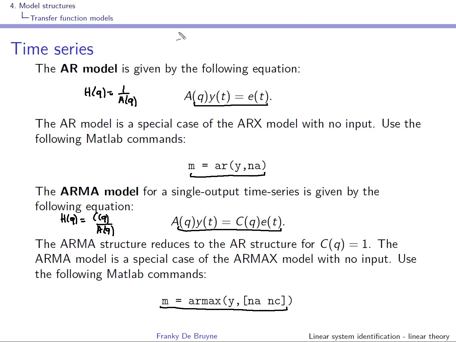I haven't told you before, but of course the formula of the one step ahead predictor is still valid, and since there is no exogenous input, it just simplifies to 1 minus H minus 1 (q) applied on y(t), right? And this construction of the predicted value can be done, as you will see in the system identification lab, using the function compare.